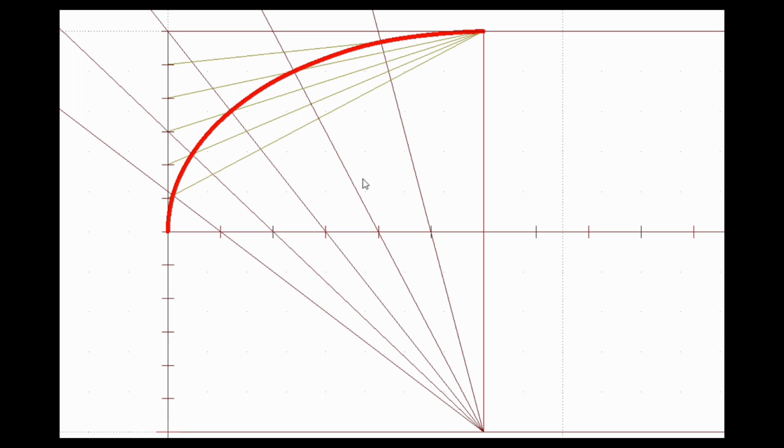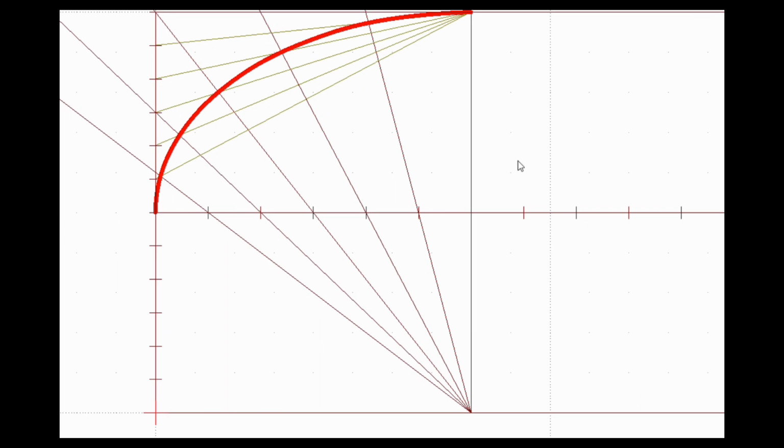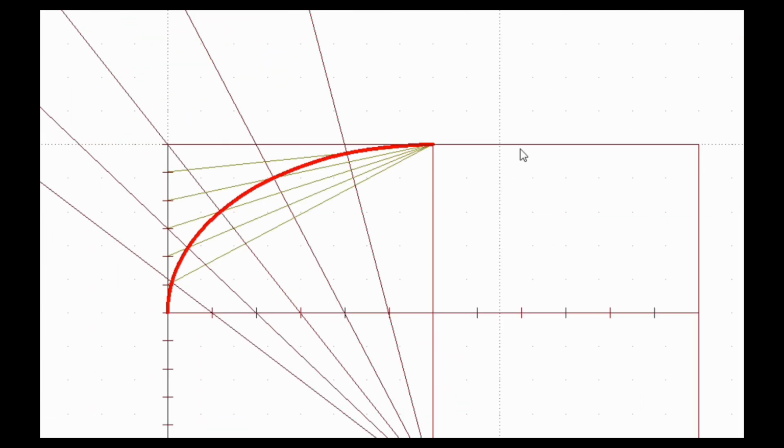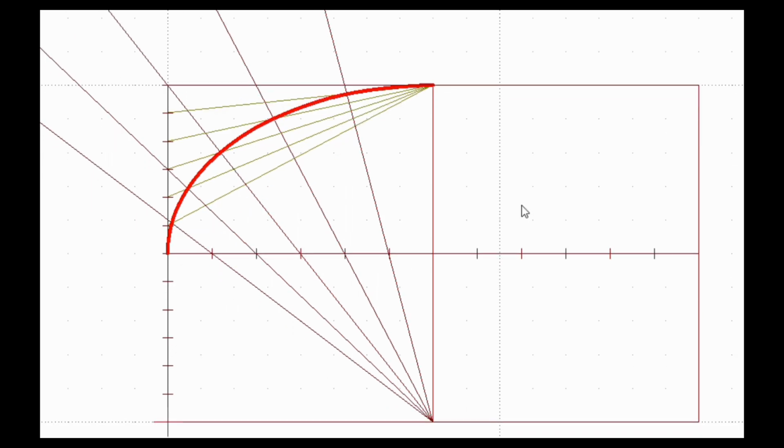Now, as the ellipse is a symmetric geometry about the major axis and minor axis, we could carry out the same process in all 4 quadrants to locate the complete ellipse. But here we can mirror this across the major axis and minor axis.